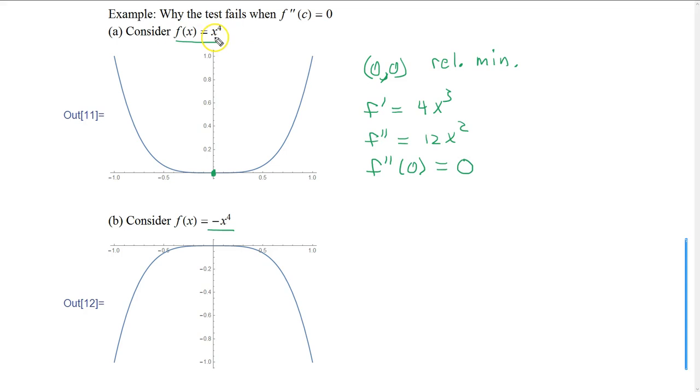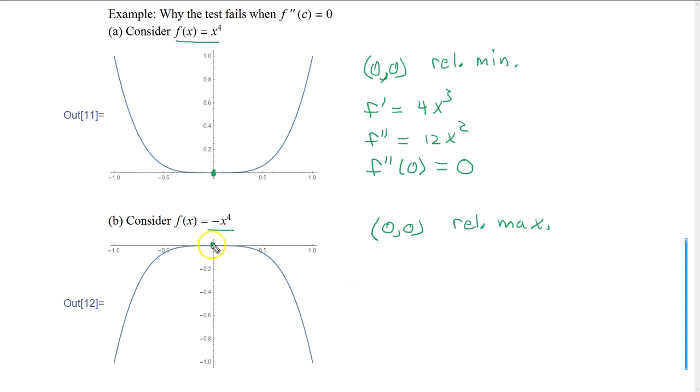So this function has a relative minimum at 0, 0, and its second derivative at 0 is 0. Now if we simply change this function by putting a negative there, so now we're considering the function negative x to the fourth, notice that 0, 0 down here, this is a relative maximum now. It's actually an absolute maximum, but it is a relative maximum.